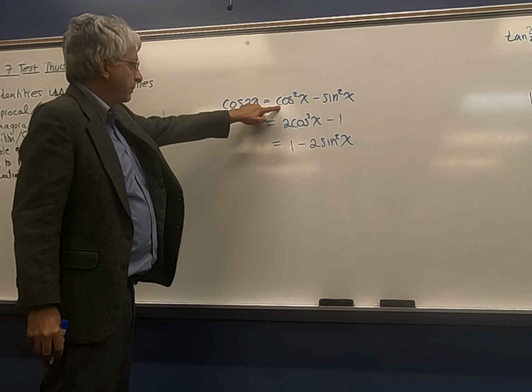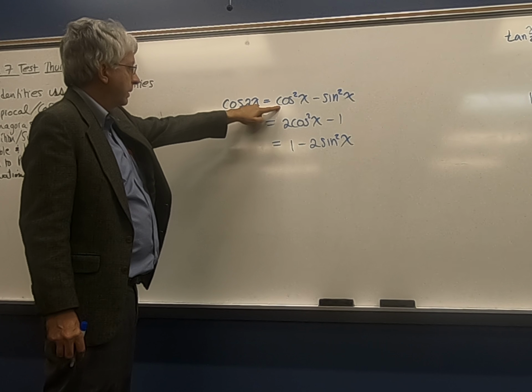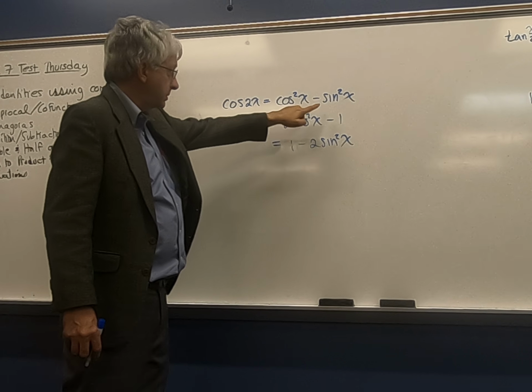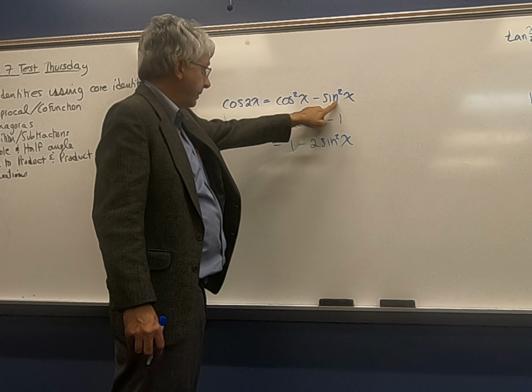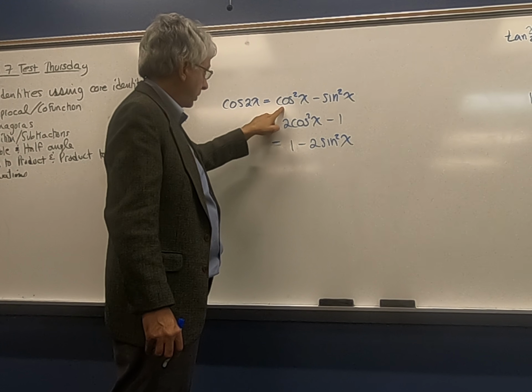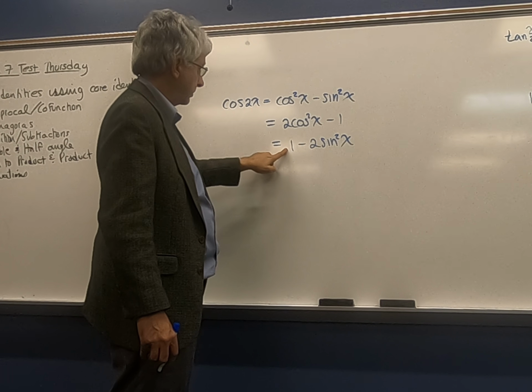This one comes from just plugging into the addition identity x plus x. This one comes from replacing sine squared with 1 minus cosine squared, or you could also replace cosine squared with 1 minus sine squared and get either one of these.